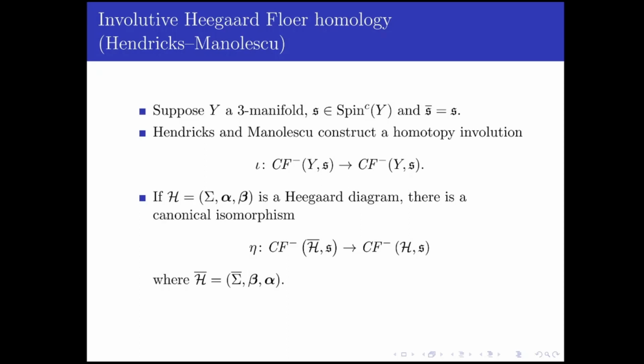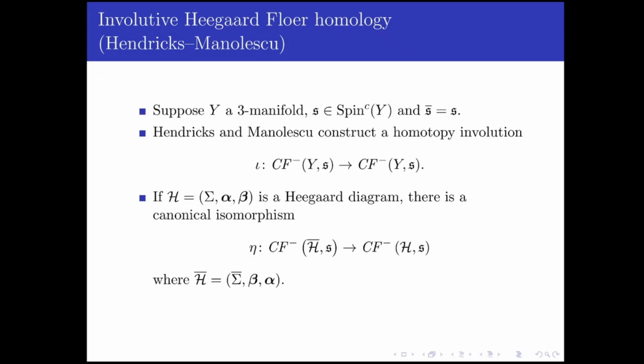We take a Heegaard diagram sigma alpha beta, and there's a canonical isomorphism between the Floer homology of CF minus of H bar with CF minus of H, where H bar is the Heegaard diagram obtained by reversing the orientation of sigma and reversing the roles of alpha and beta.